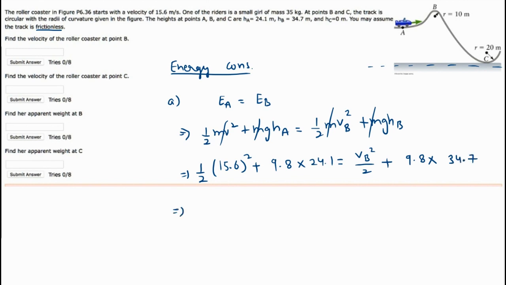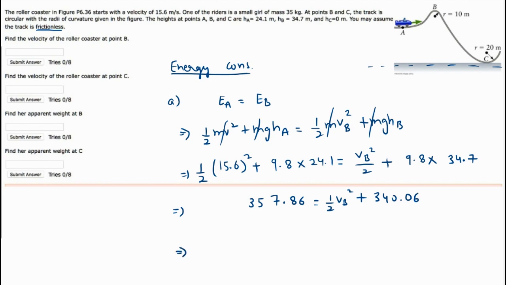All we have to do is grab our calculator and solve for v_B. The left side is 15.6 square divided by 2 plus 9.8 times 24.1, which is 357.86, and that equals half v_B square plus 9.8 times 34.7, which is 340.06.